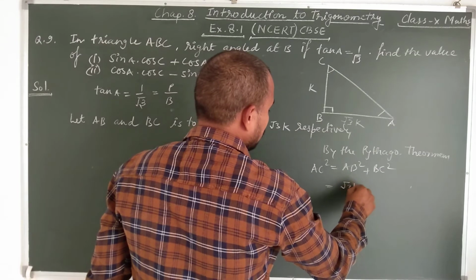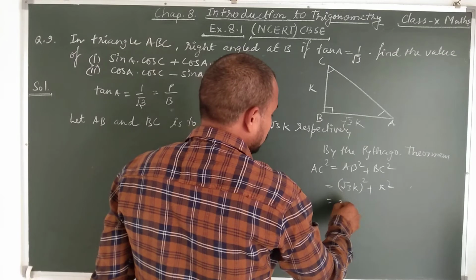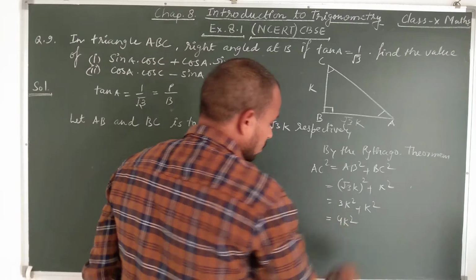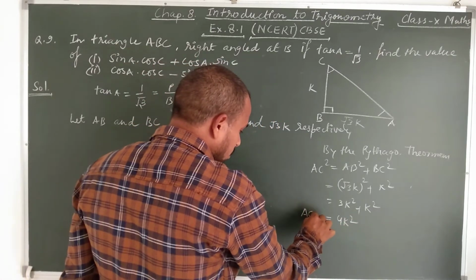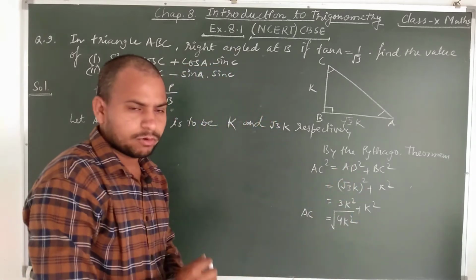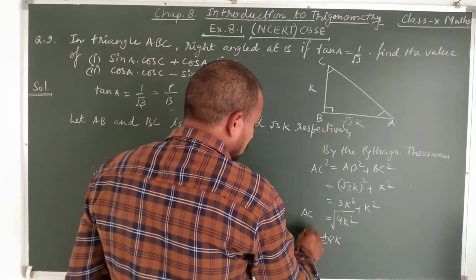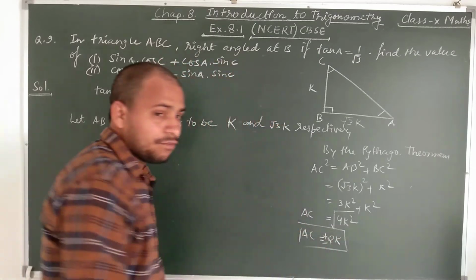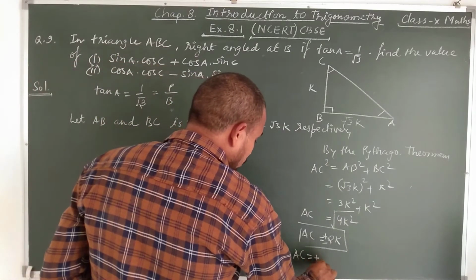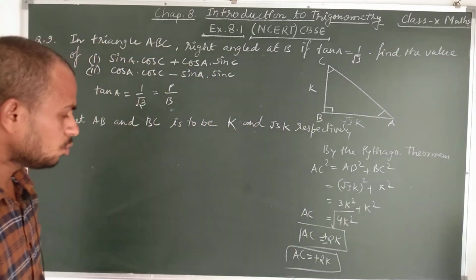So AB is root 3k squared plus BC is k squared. This is 3k squared plus k squared, that is 4k squared. Taking square root, AC equals plus minus 2k, but we have to choose the positive value, so AC equals 2k.